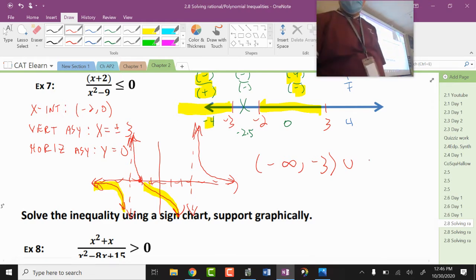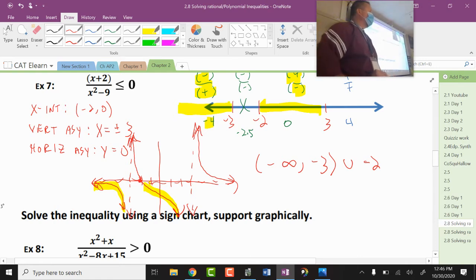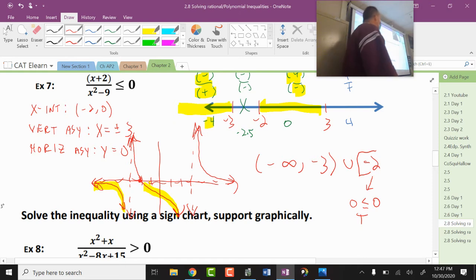And then what do we put on -2? Why is it a bracket? What is -2 called? So when I plug in -2, I get 0 is less than or equal to 0, which is true. And then to what?